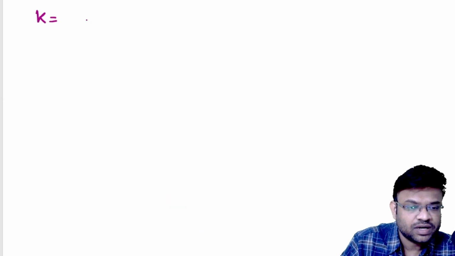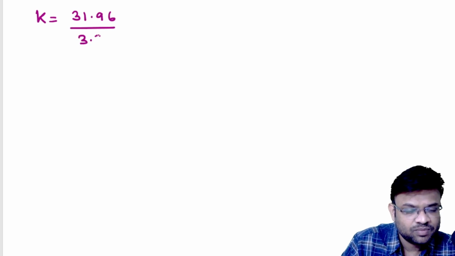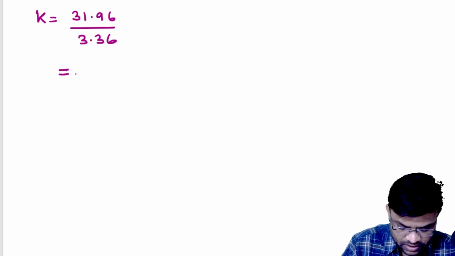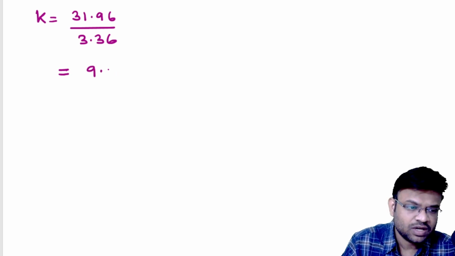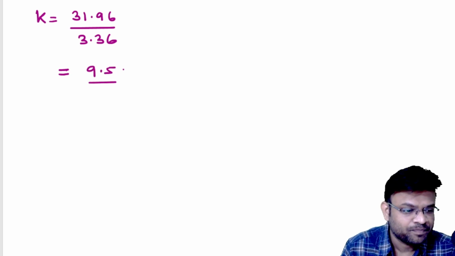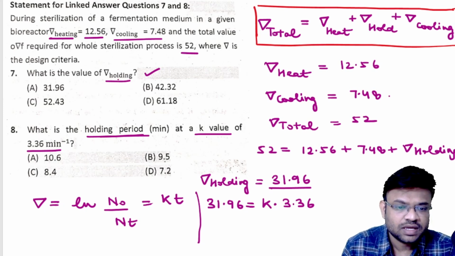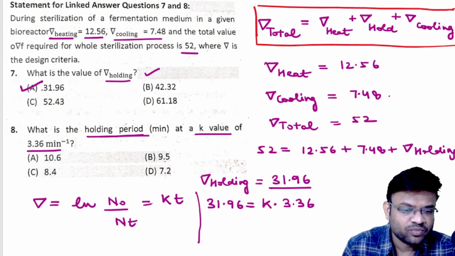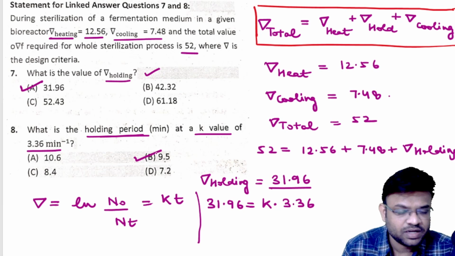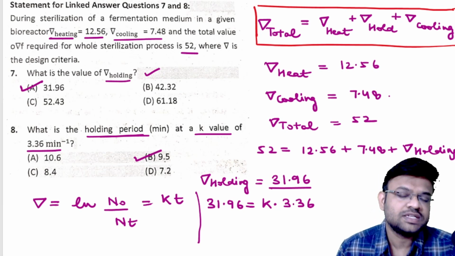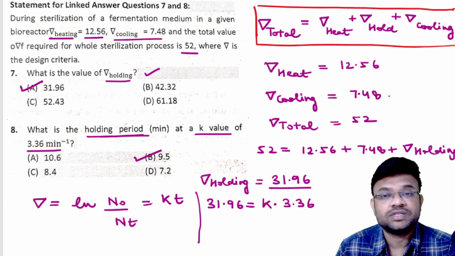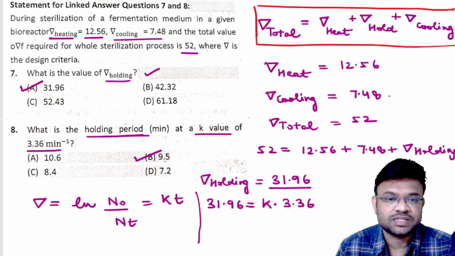So the value for t can be calculated as 31.96 upon 3.36, and you will find the value to be around 9.5 somewhere. So del holding will be 31.96 and the holding period over here would be 9.5. So these are some of the important questions of bioprocess engineering.